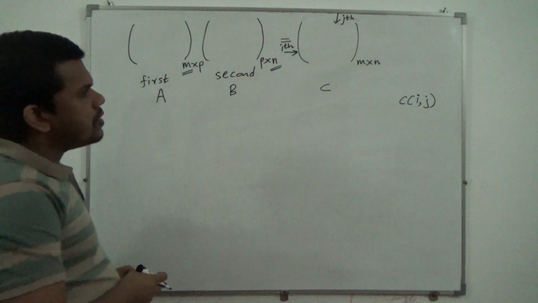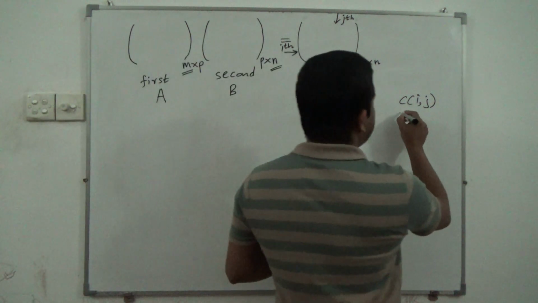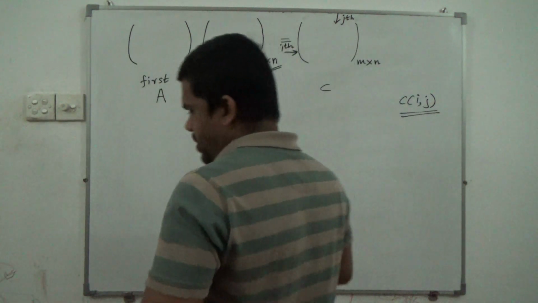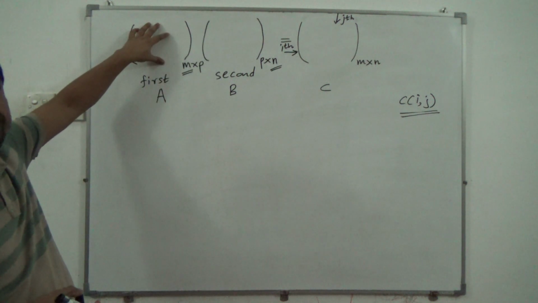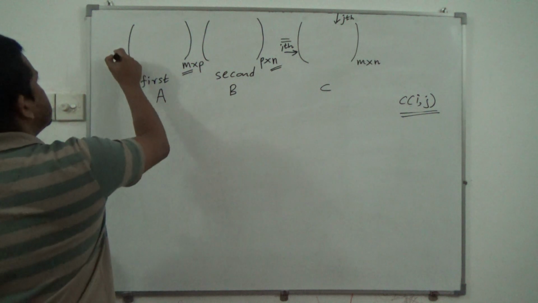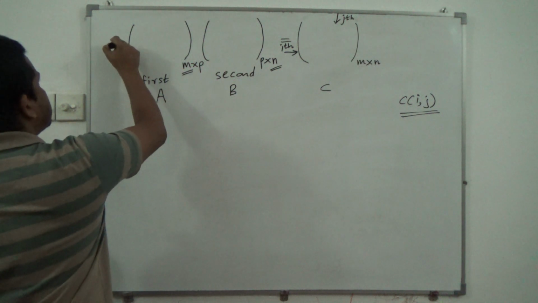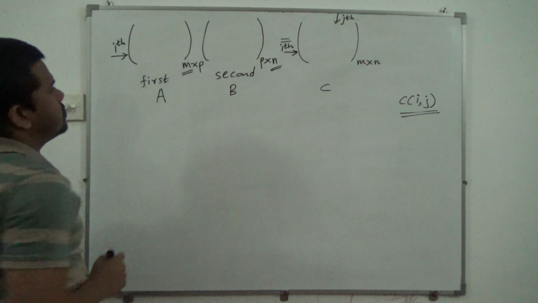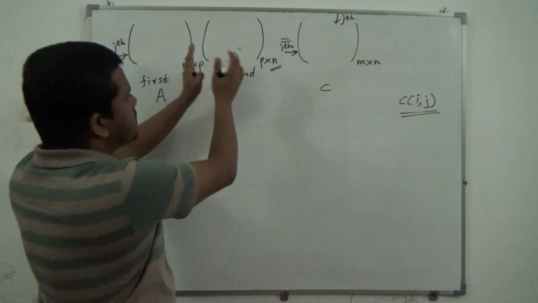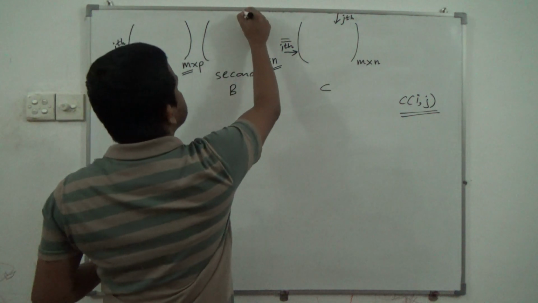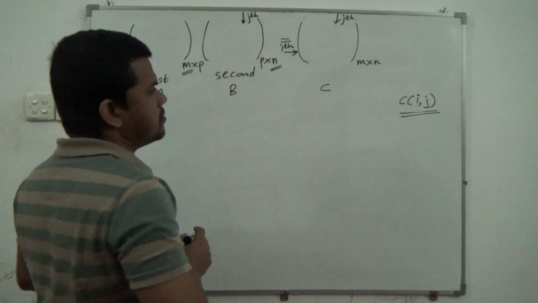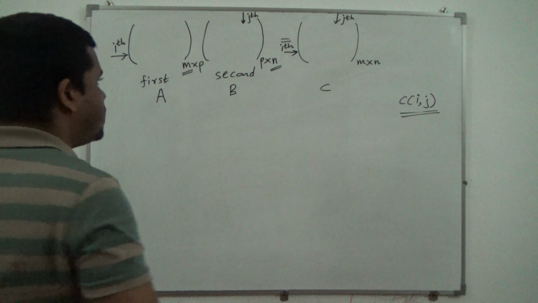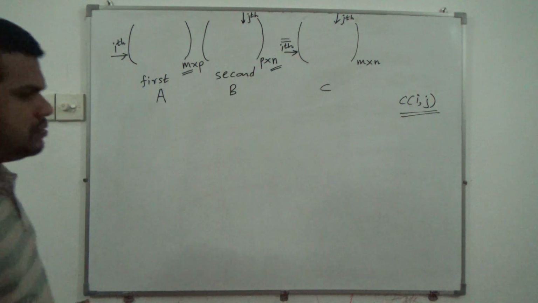So, in order to compute the value of this, we have to consider the ith row of the first matrix, and in the second matrix, we have to consider the jth column.